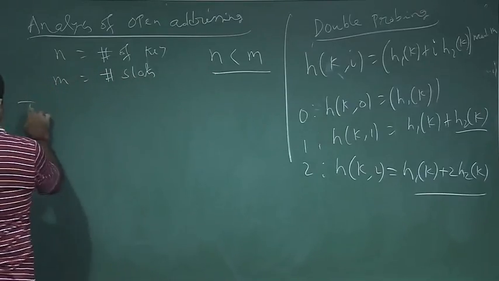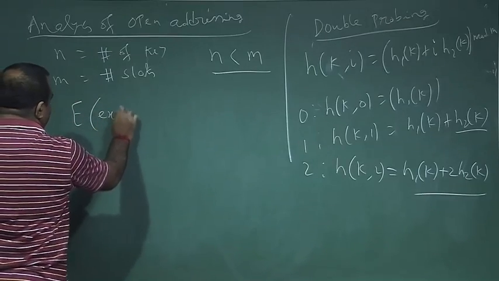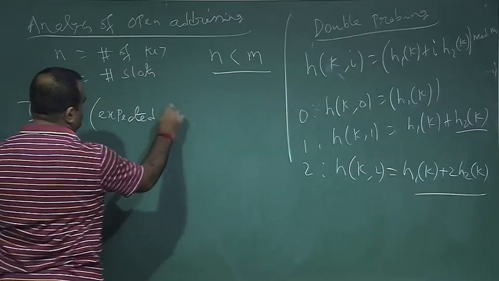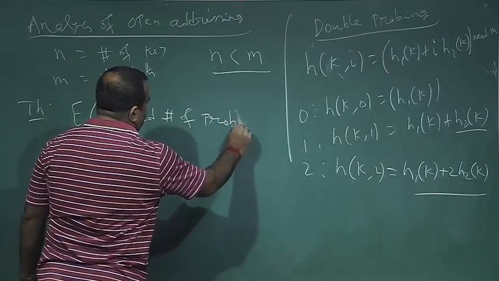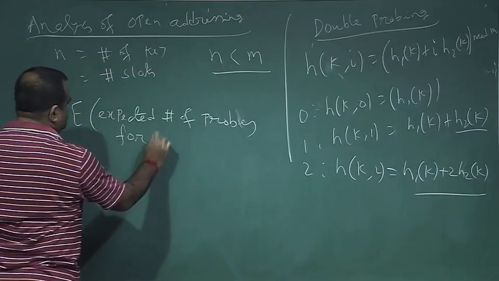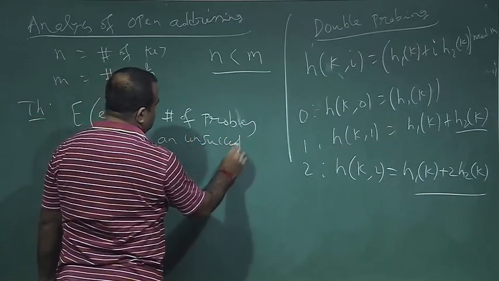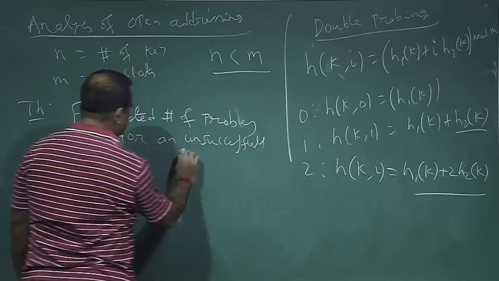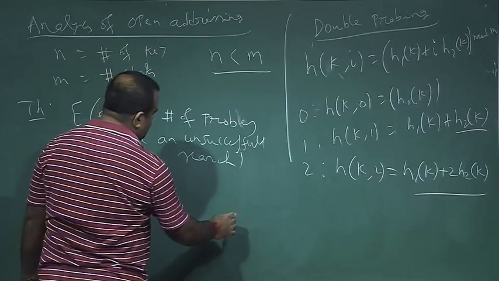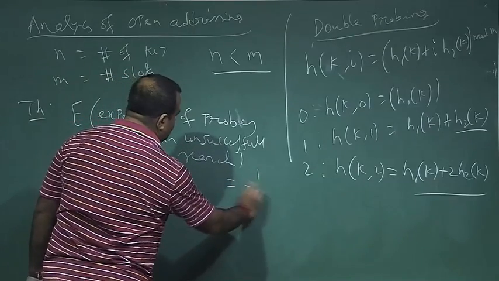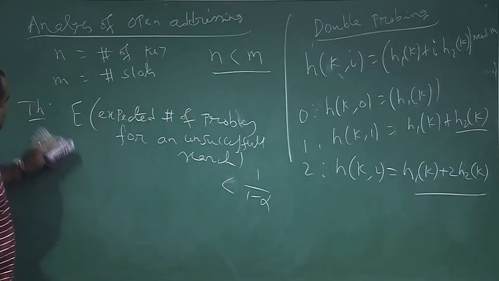This is a theorem: the expected number of probes for an unsuccessful search is less than or equal to 1 by 1 minus alpha, where alpha is the load factor.